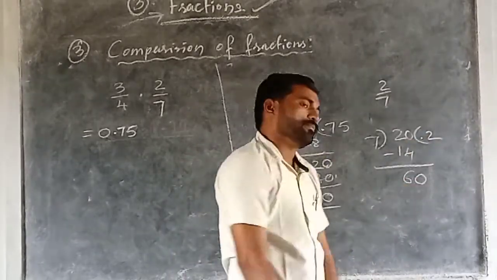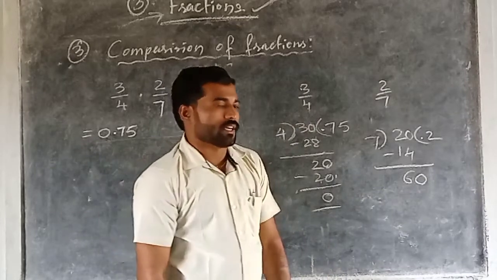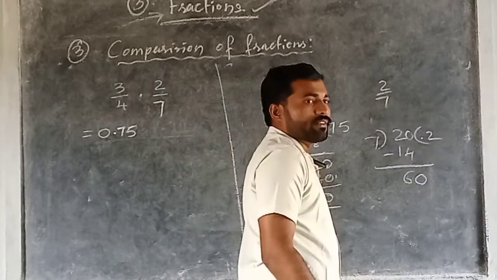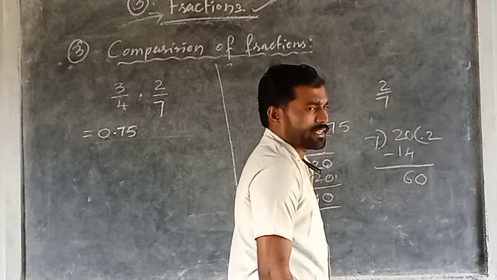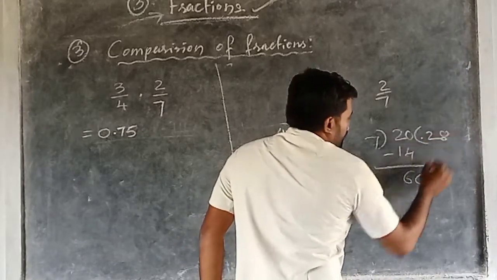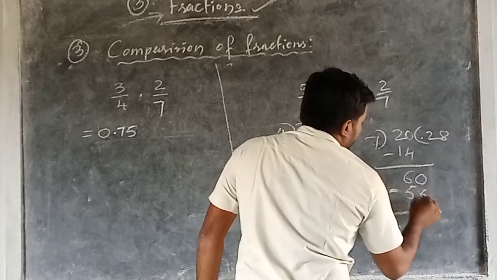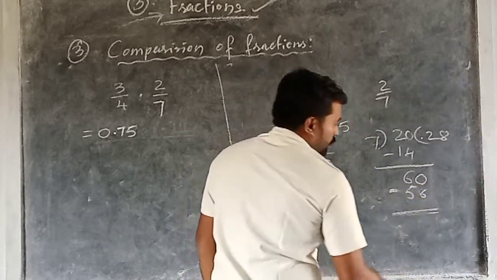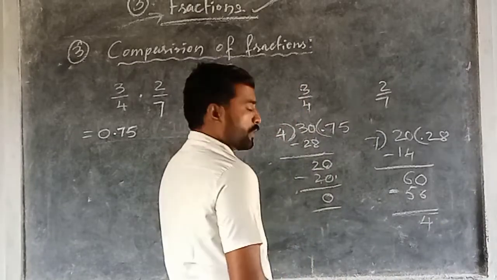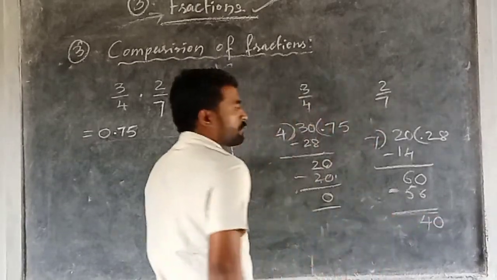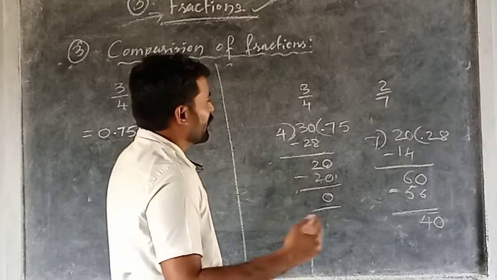Now 60 is there. 7 8s are 56. 7 9s are 63, which is more. So 7 8s are 56. 60 minus 56 is 4. Again you can take 0. Okay, enough.